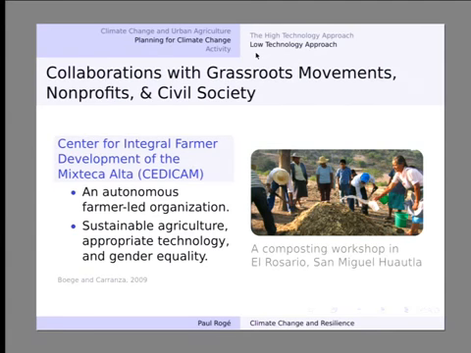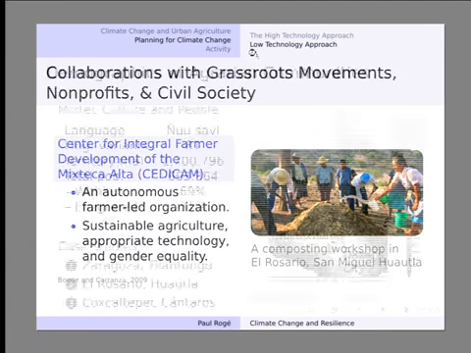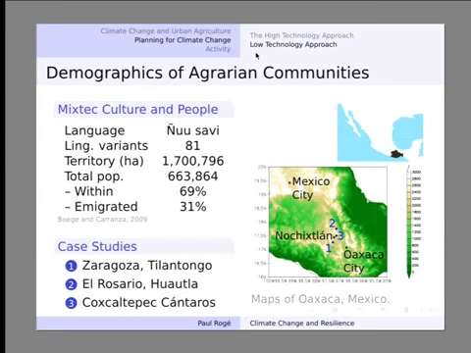And I just want to go briefly over some of the basic characteristics of the region. So Oaxaca, the state of Oaxaca, if you look in the upper right corner there, is in black. That's the southern portion of Mexico. And zooming into the territory there, you'll see Oaxaca City, which is the capital.